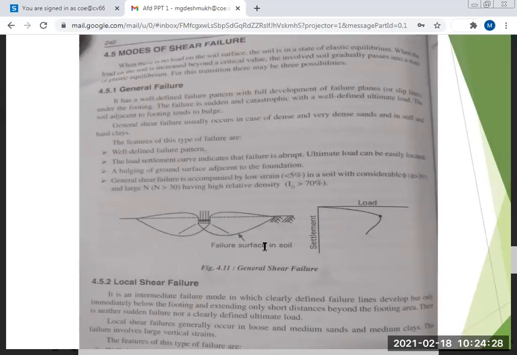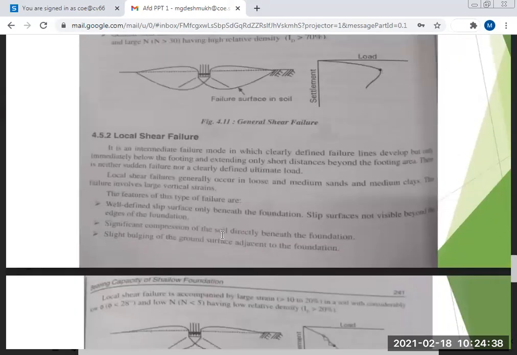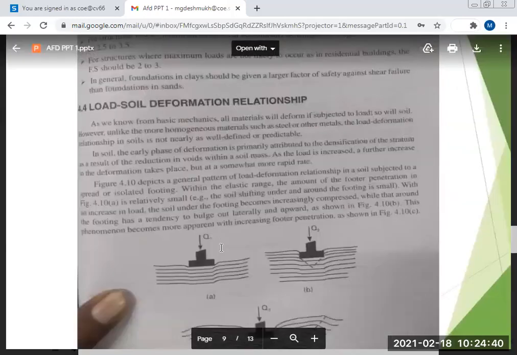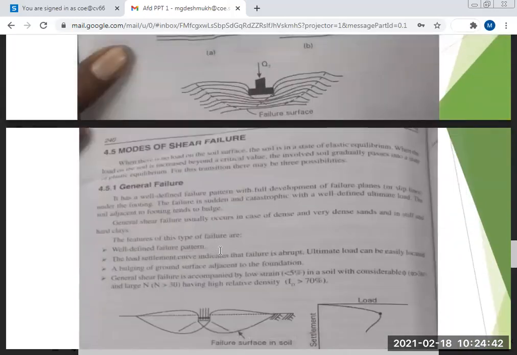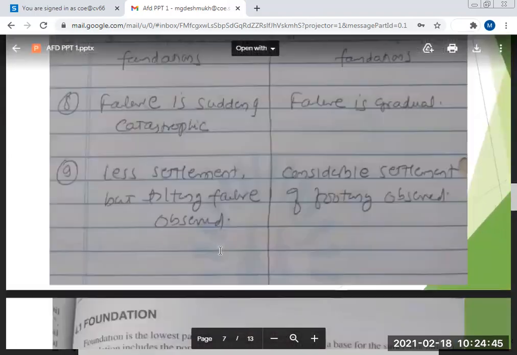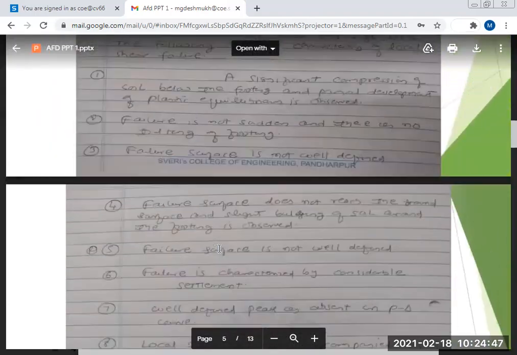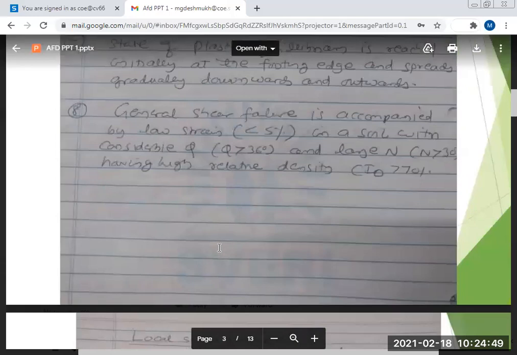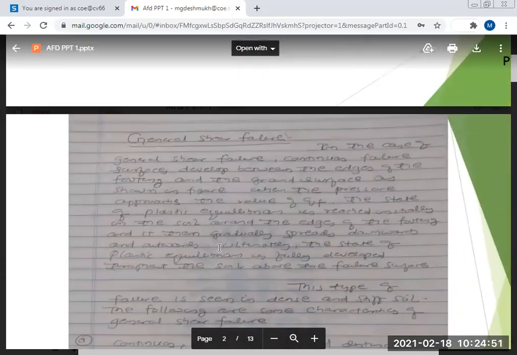Roughly it will be there, and for derivation and research purposes we will make it like this only. A lot of work is going to be done here, and based on that these figures are made. So this is the major difference between general shear failure, local shear failure, and punching shear failure as far as the figure is concerned.